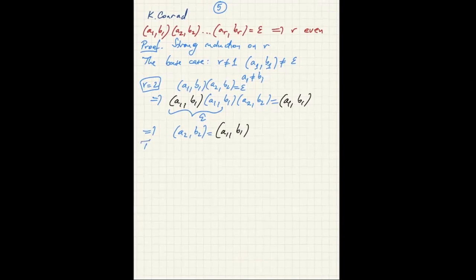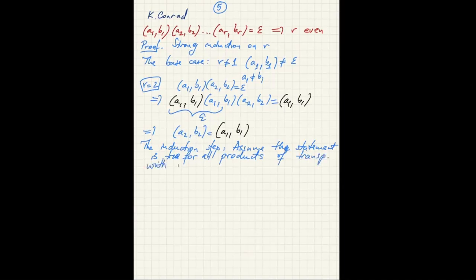Now for the induction step, here's where things are more interesting. We can assume the statement is true for all products of transpositions with R minus 1 or fewer factors.